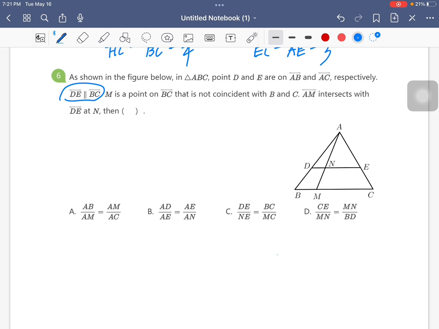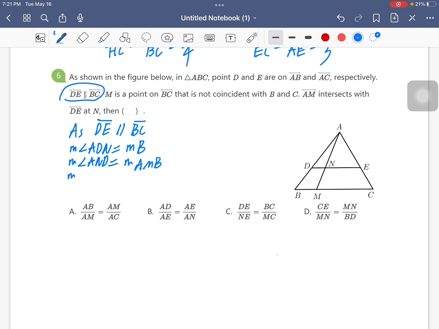Okay, since DE is parallel to BC, we can have the angle ADN equals the angle B, and the angle AND equals the angle AMB.